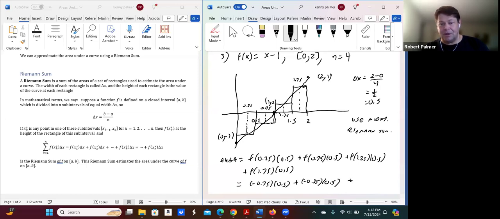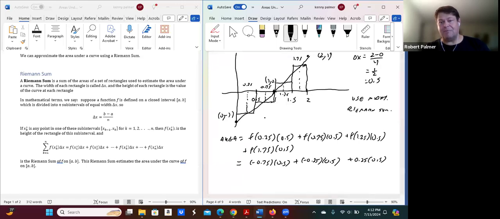All right, the third one is going to be 1.25 minus 1, which is 0.25 times 0.5. And then finally, the last one, 1.75 minus 1, and that's going to be 0.75 times 0.5.